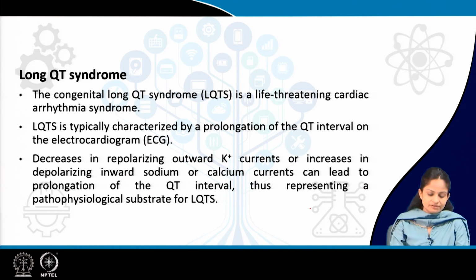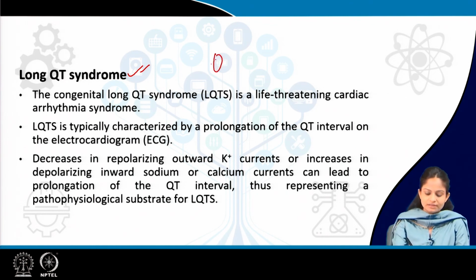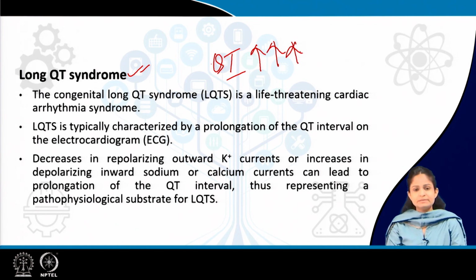Then we next have long QT syndrome. Congenital long QT syndrome is a life threatening cardiac arrhythmia syndrome. As the name suggests, long QT means the QT interval of the ECG gets prolonged, very much prolonged.